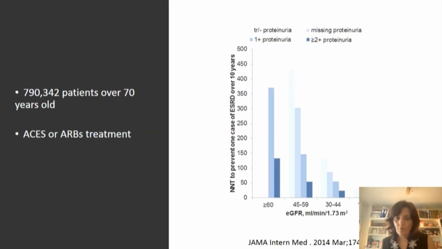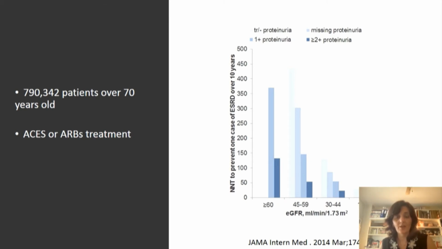It's not known whether the benefits from RAS inhibition in proteinuric CKD can be extended to elderly patients, since they are often underrepresented in clinical trials and the risk for experiencing the outcome of interest during their remaining lifetime may be different than for the younger population.